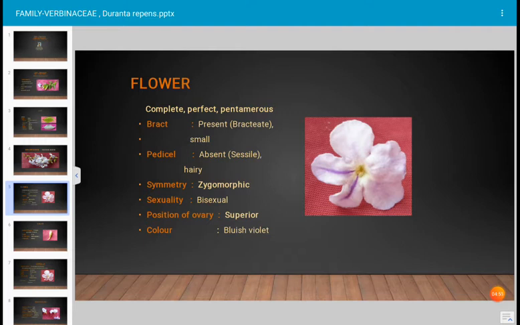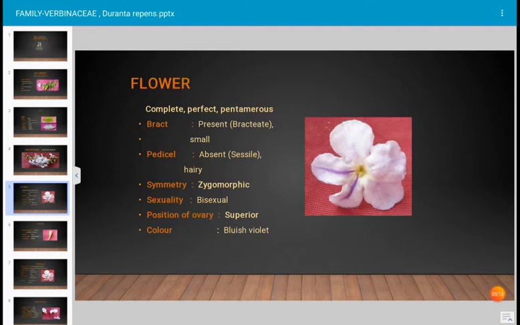And at the base of the flower, a small leafy structure occurs. A small bract-like structure is there, present at the base of the flower. When the bract is present, such a flower is described as a bracteate flower in taxonomy.